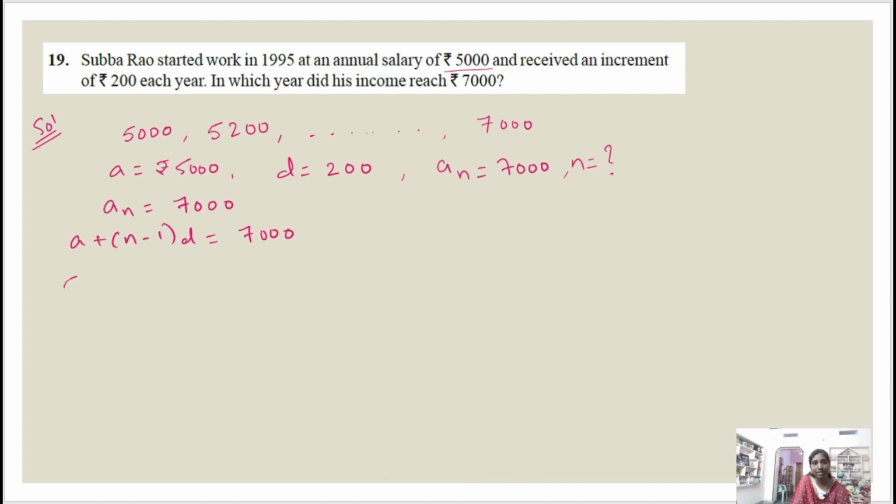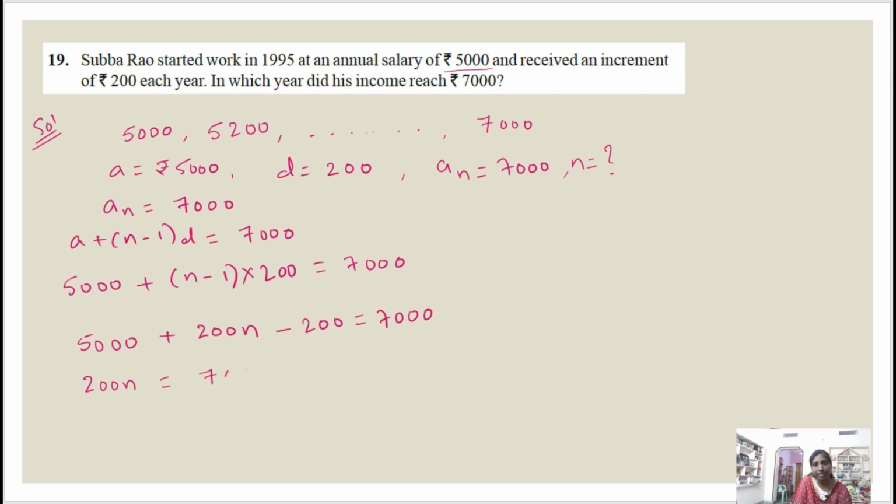Now what is A here? 5,000 plus N, we don't know, N minus 1 into what is D? 200 is equal to 7,000. Now 5,000 plus, open the bracket, 200 N minus 200 is equal to 7,000. Now here 200 N is equal to 7,000 minus 5,000 plus 200.